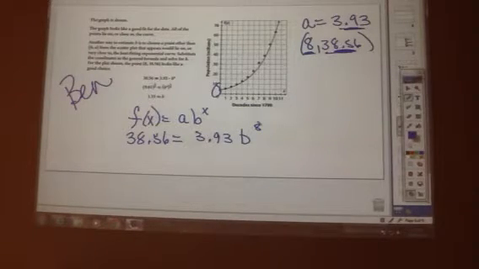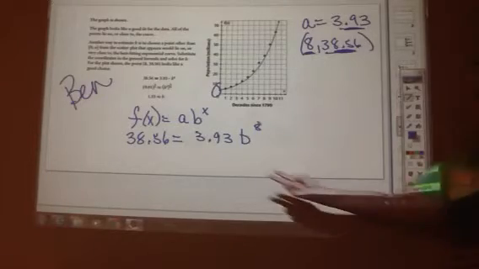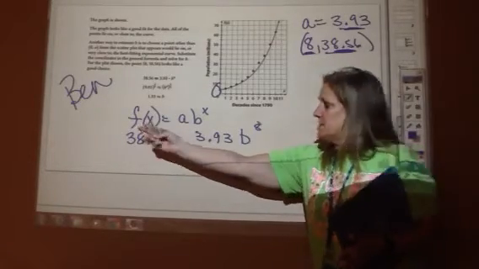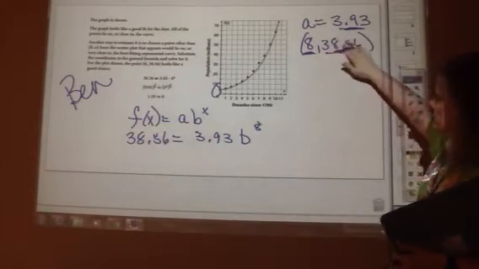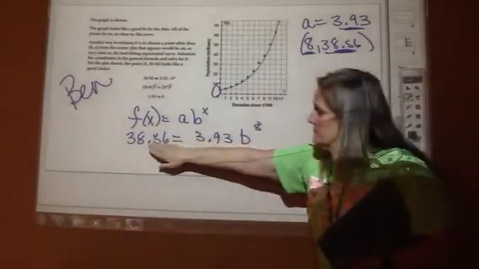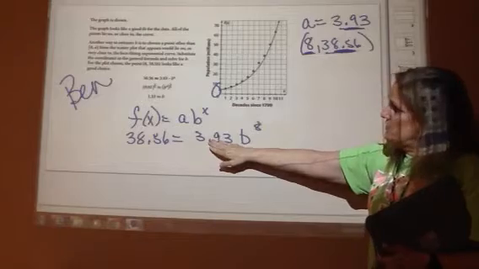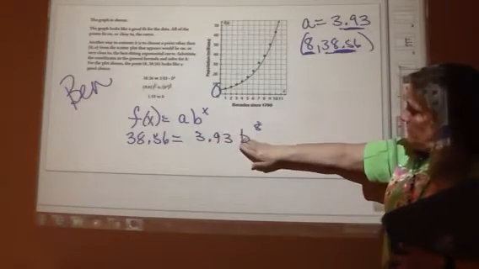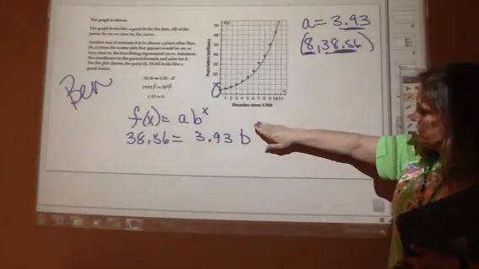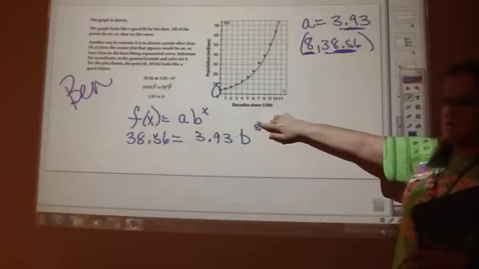Does everybody see where those numbers came from? Remember, f of x is the same thing as y, so it came right here. A was 3.93, that was the first number on our table. B we're looking for, to the x power came from that x right there.